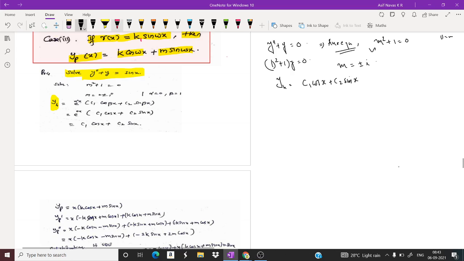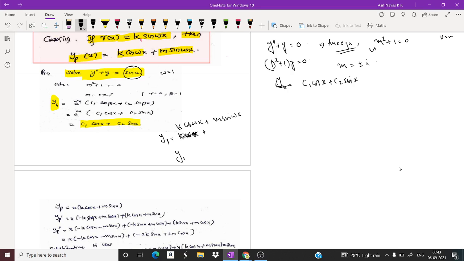That is the important part. In the homogeneous solution we have sin x and cos x, and our R of x is also sin x. In general yp is k cos omega x plus m sin omega x, and here omega is equal to 1.